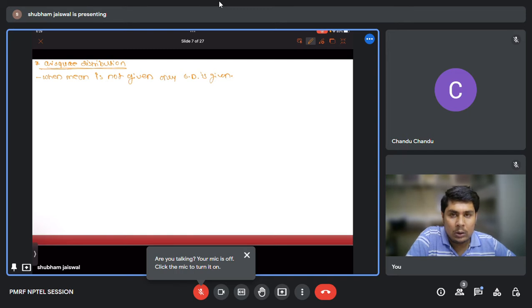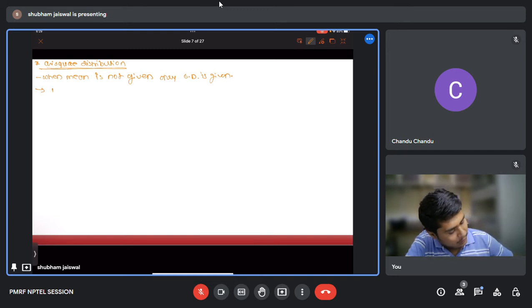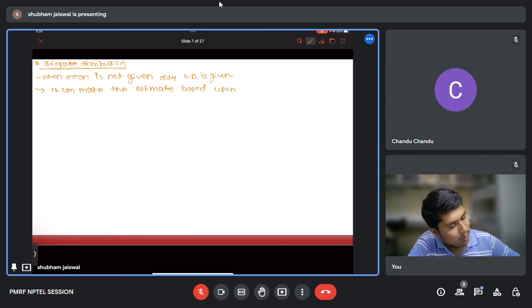That is, the chi-square is given by v sx square divided by sigma square.